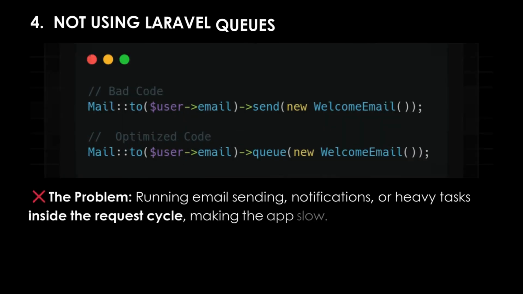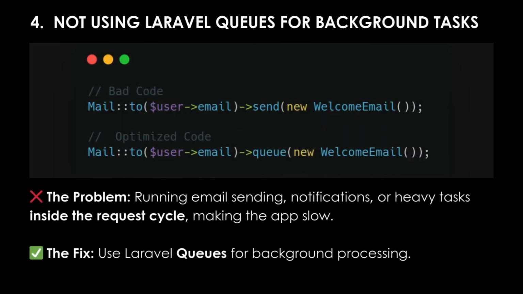So another mistake I want to share with you is not using Laravel queues for background tasks. The problem here is sending emails or processing heavy tasks during a request. So this slows your app and ruins the user's experience. So here is Mail::to($user->email)->send with a welcome email.